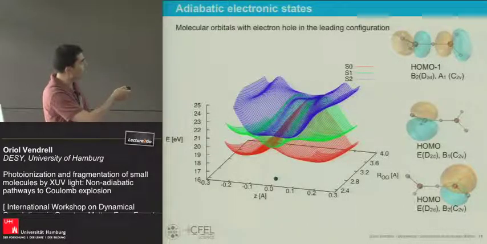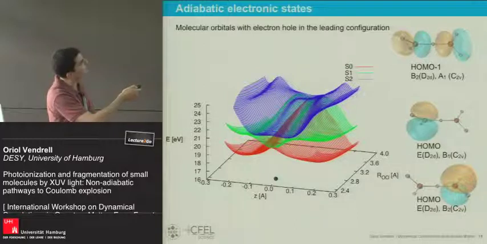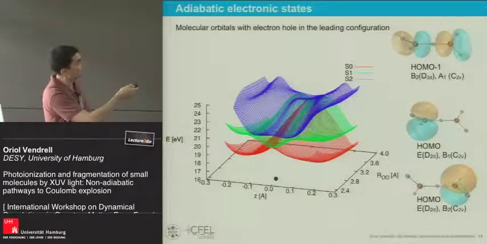If you go to this upper potential here, this is a potential energy surface that corresponds to a state in which, again, you are removing the electron from the orbitals that form the hydrogen bond. So now you have an electron hole which is around the central proton, so you have to think that there is a positive charge associated to this proton, and then you have an electron hole surrounding it.